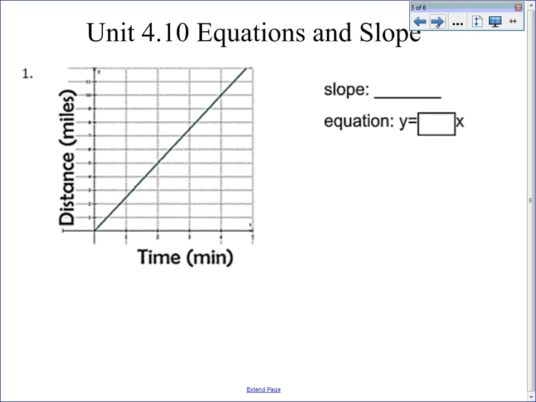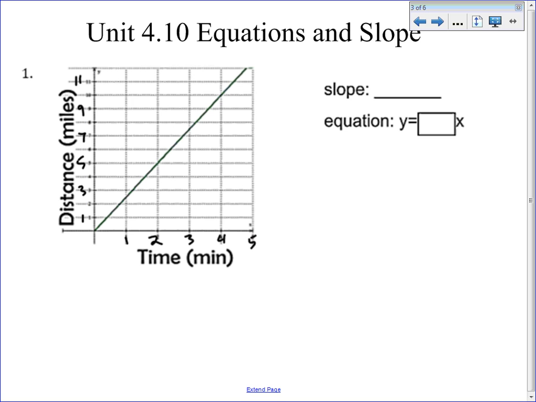So let's look at example number 1. They give us, and I had to blow up the picture, so it's a little bit tough to read, I'll go through here: 1, 3, 5, 7, 9, and 11, and these are 1, 2, 3, 4, 5. You should be able to read these on your paper.